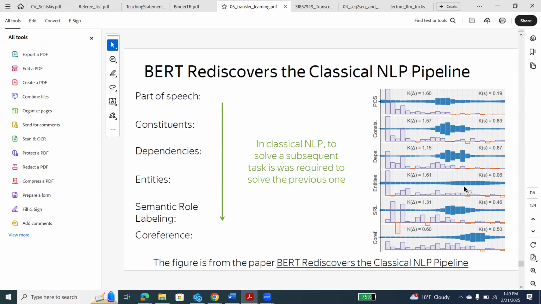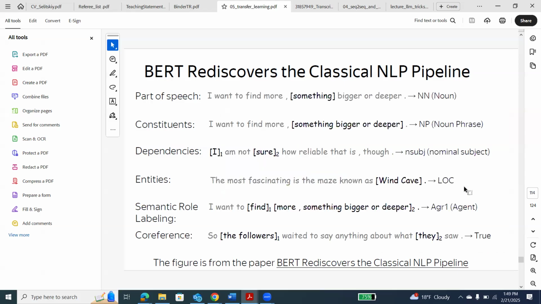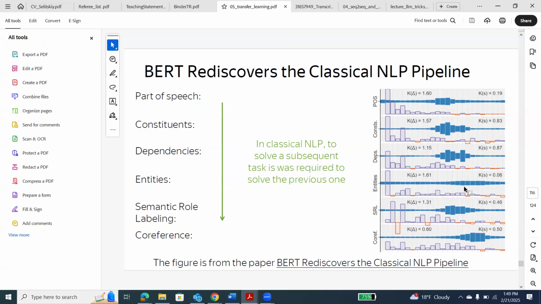So they solved this problem and they applied the results to the next problem to find the constituents, like noun phrase, adjective. And they applied every task to solve the next task that they considered harder.